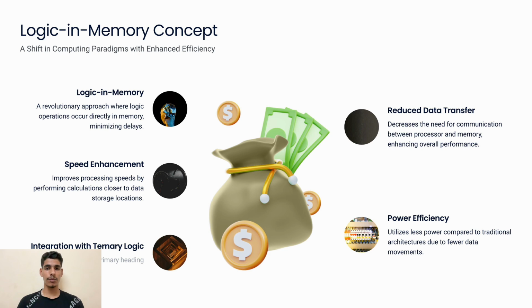This becomes even more potent when combined with ternary logic, as it allows for denser, more efficient computational architectures. As we can see here, the logic in memory concept includes five points: logic in memory, speed enhancement, integration with ternary logic, reduced data transfer, and power efficiency. These are the advantages logic in memory gives us.